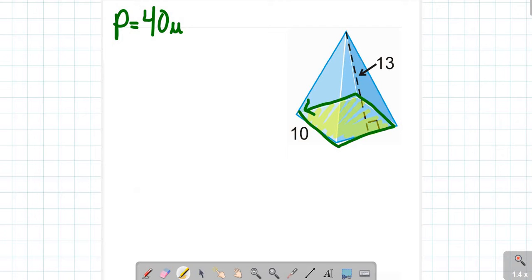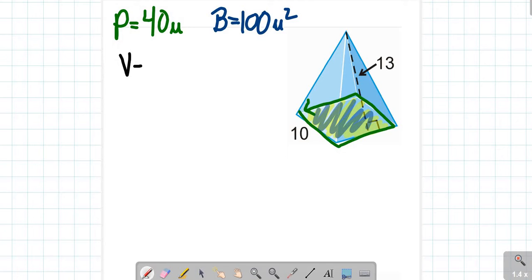Our base is simply this square, of course. It's 10 times 10, so our base is 100 units squared. Okay, now we write down our volume equation. Our volume equals, of a pyramid, our area of our base times the true height over 3.